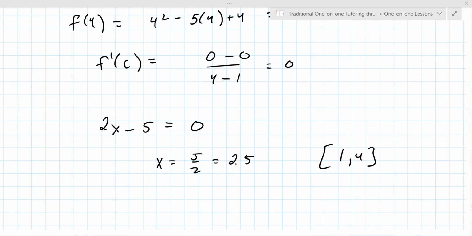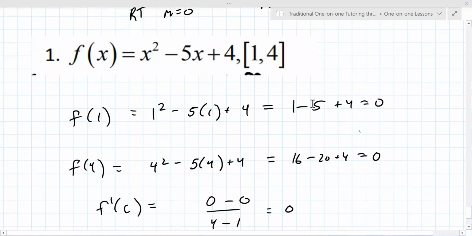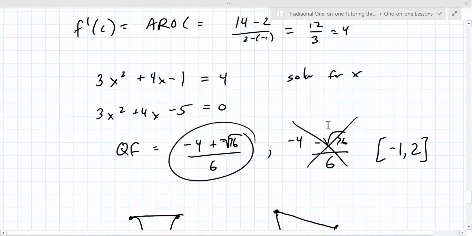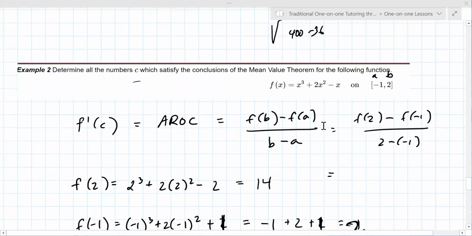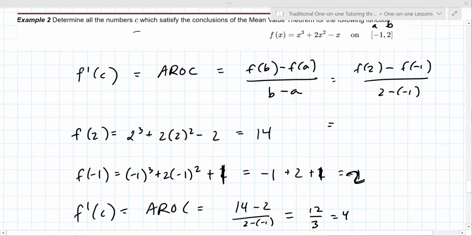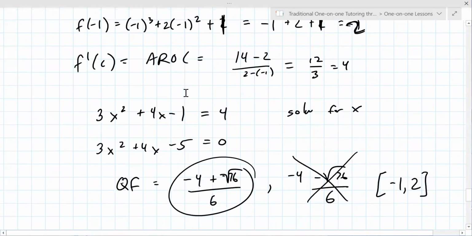Can you scroll back up to the mean value theorem problem? Sure. What was the average rate of change we got? It was 14 minus 2 over, yeah, it was 4. And then scroll down more. Right, okay. You set the derivative equal to the average rate of change.